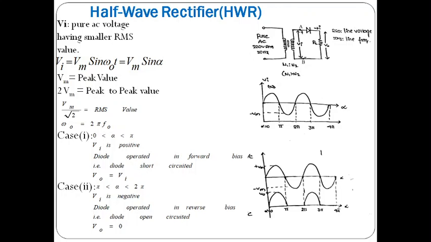The output of the secondary winding is connected to the diode, and then to the ground or resistive load. The output of the secondary winding is pure AC voltage, and it is very small to protect the diode.